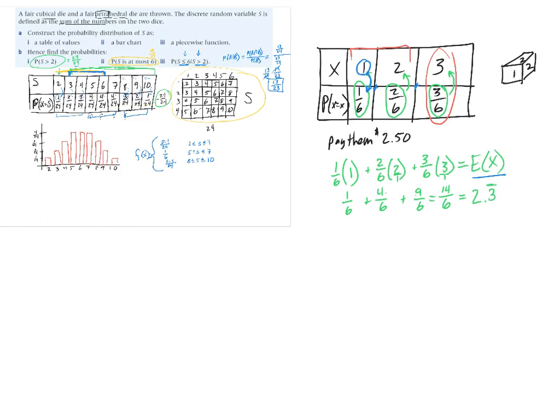Now you'll notice that the average is less than what you paid. So we would say this is not a fair game.